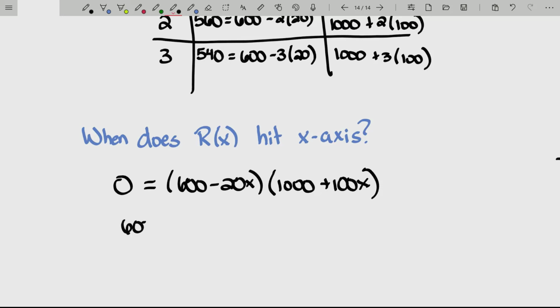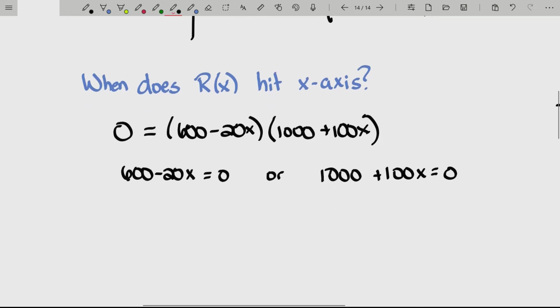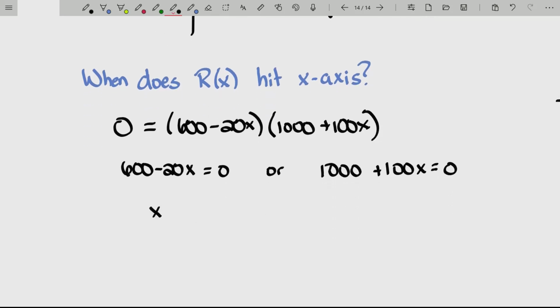Either 600 minus 20x is equal to 0, or 1,000 plus 100x is equal to 0. That is, either x is equal to 30, or x is equal to negative 10.